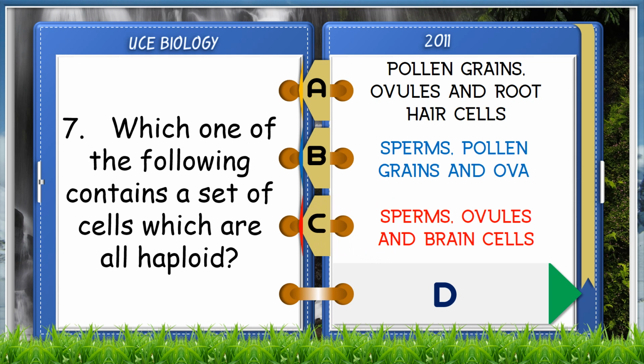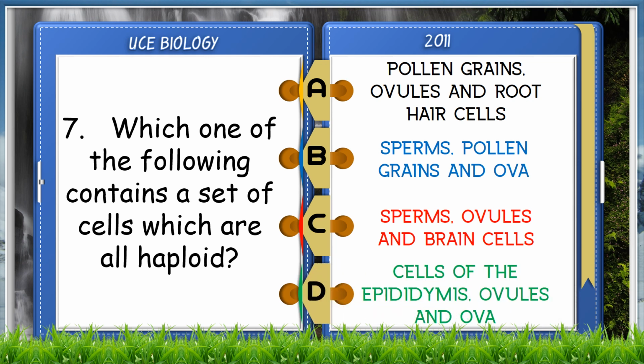C. Sperms, ovules, and brain cells. D. Cells of the epididymis, ovules, and ova. The answer is B. Sperms, pollen grain, and ova.